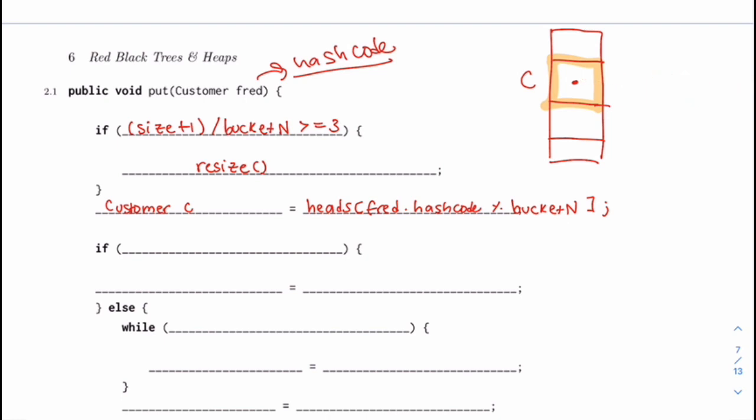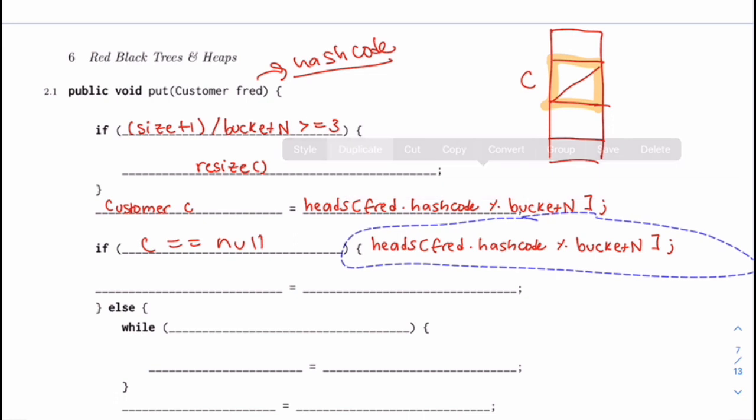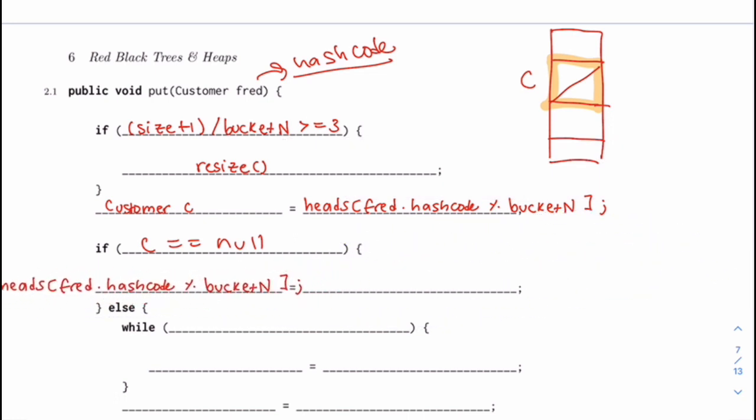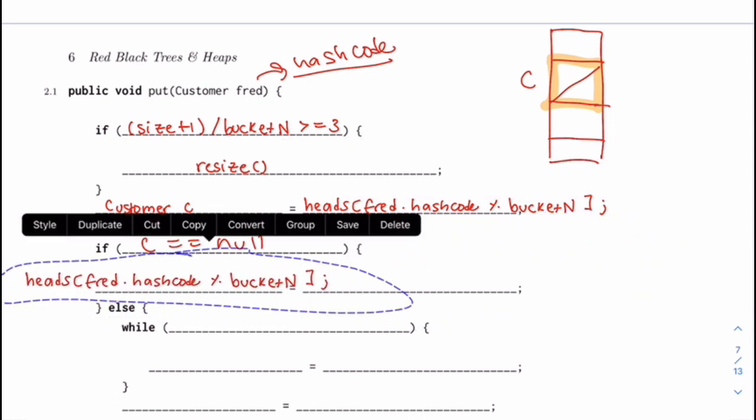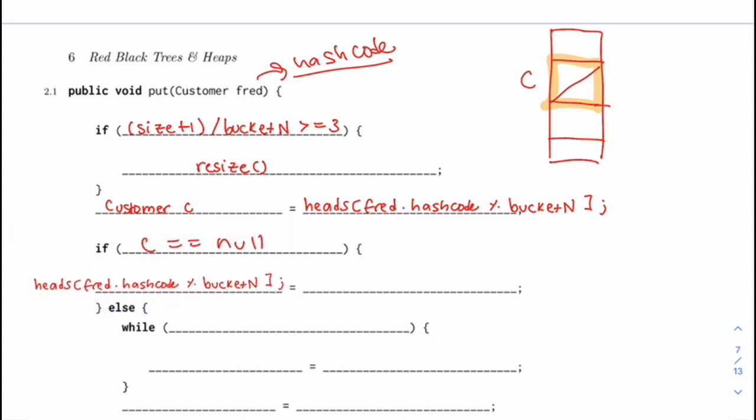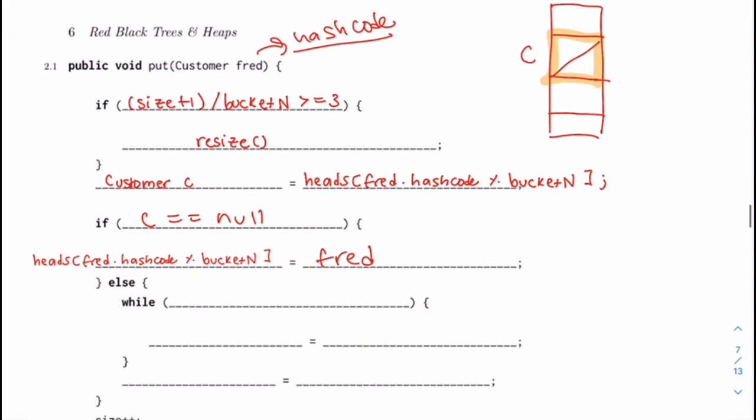Okay, let's first consider the case that there's nothing in that bucket. If C is null, then what? Well, my job is pretty straightforward if there's nothing in C. I just have to add Fred to that index.